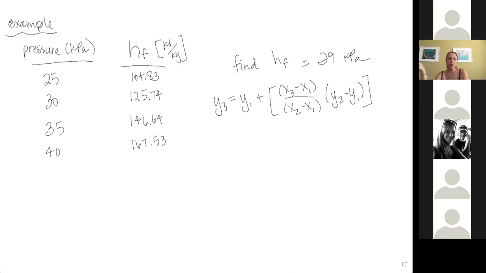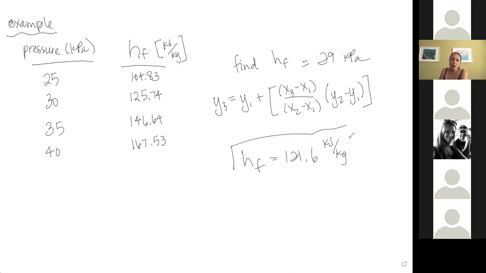Is there anybody who's still confused? Anybody who maybe didn't get the right answer or struggling to figure out what to do? Okay, well, if you want to tell me later, because maybe you don't want to say out loud, that's absolutely fine. But yes, so your HF value would be 121.6. Make sure you're including units, kilojoules per kilogram, or 5.6.